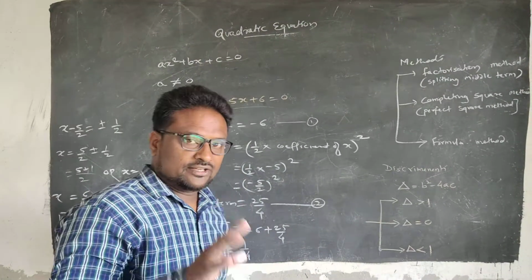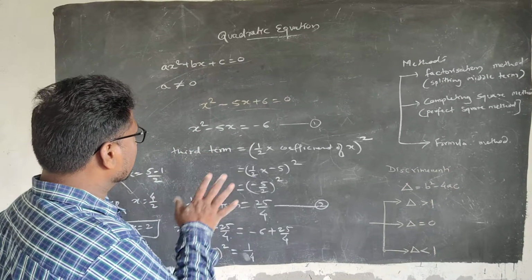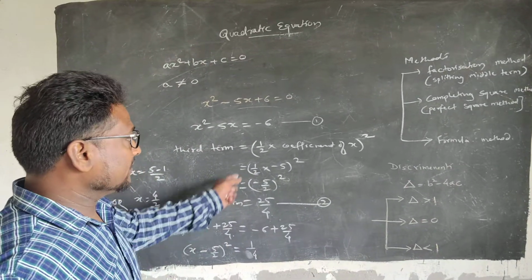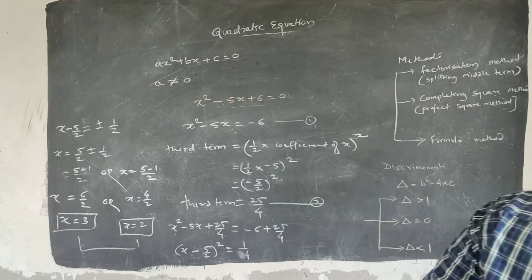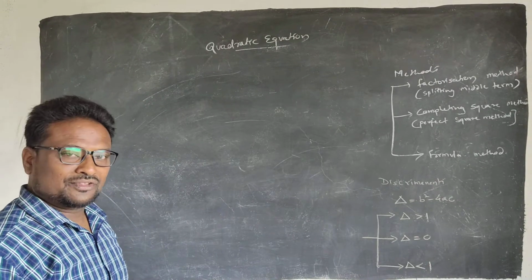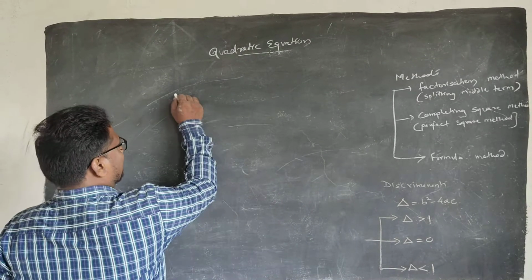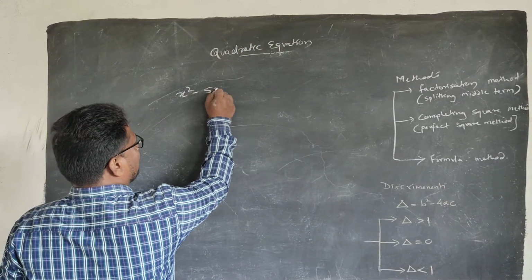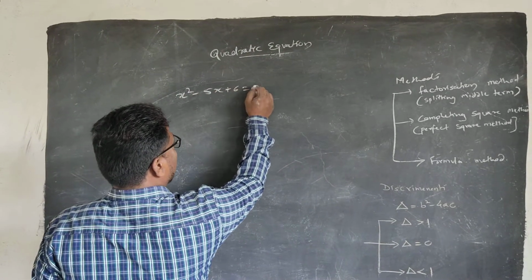Now the third method, let us see if this concept is completely clear. Let us see by using the formula. The same problem with the formula method, where x square minus 5x plus 6 is equal to 0.